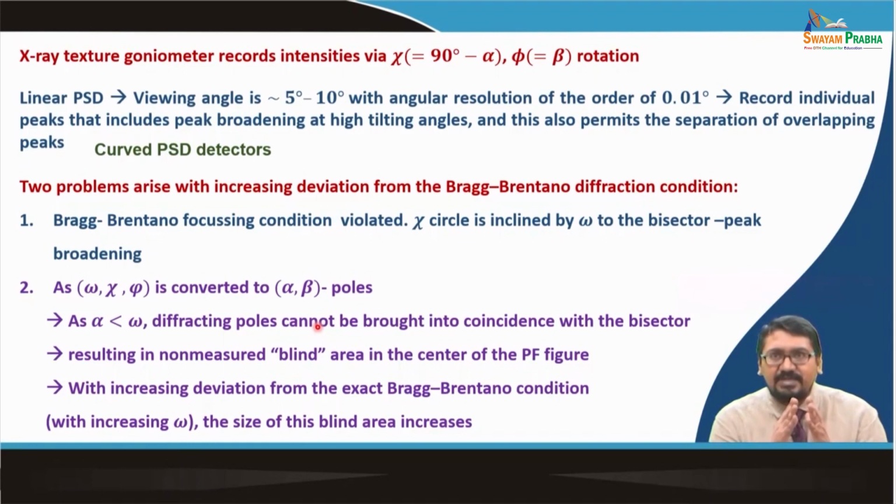So, it will give the correct diffraction and software can be used to correct it, but it may result in a non-measured blind spot area at the center of the pole figure, and with the increase in omega, the size of the blind spot at the center of the pole figure will increase.